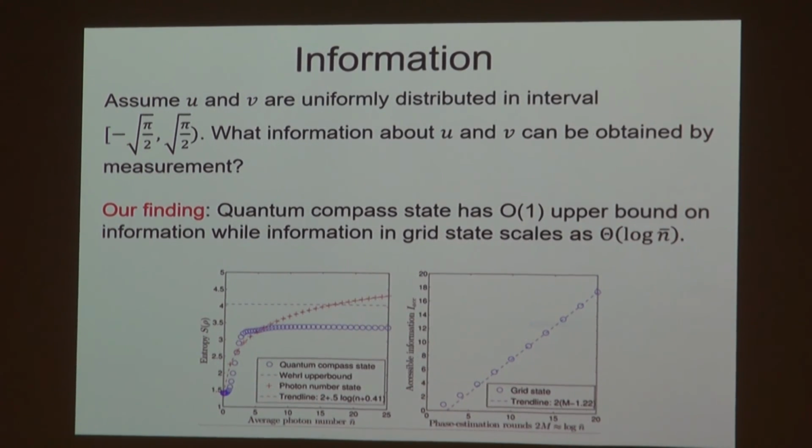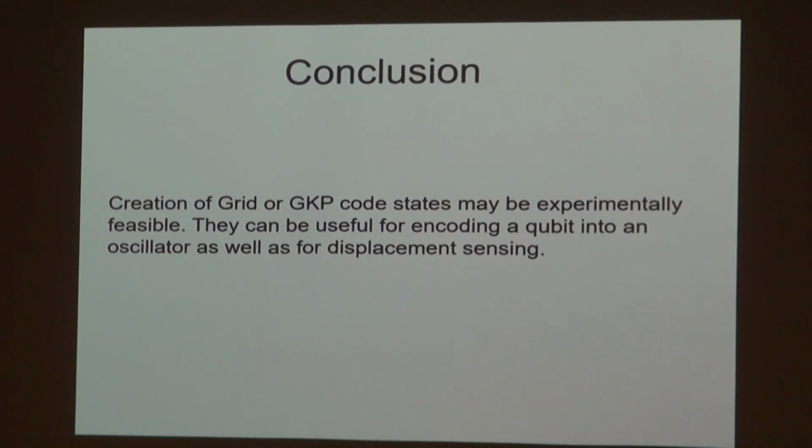Whereas for the grid states, if I choose these u and v in this interval, then with an increasing number of photons I've increased resolution for all these u's and v's, and my information about u and v increases with photon number. This is what we could calculate: the accessible information by the quantum measurement with phase estimation in the grid state increases with photon number in this following fashion.